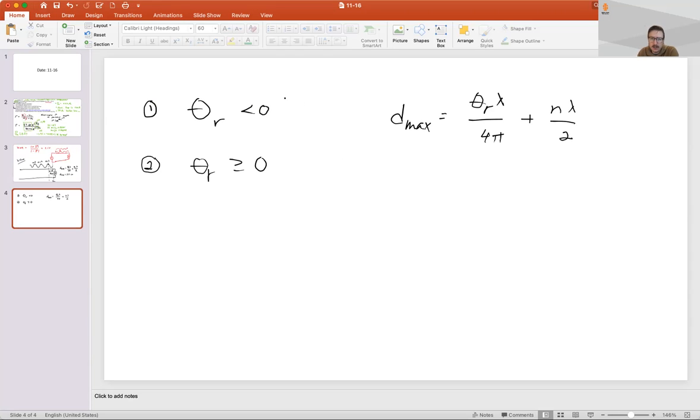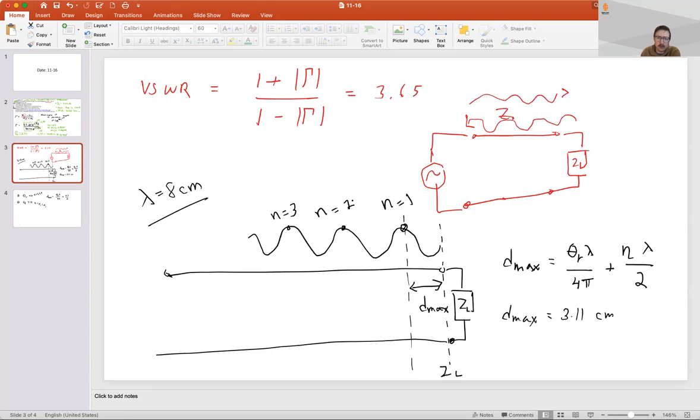If this is less than 0, then you should start the numbering of n with 1, 2, 3. But if it is greater than 0, you should start the numbering of n from 0, 1, 2, etc. And that is due to the movement of this wave where the reflection begins.